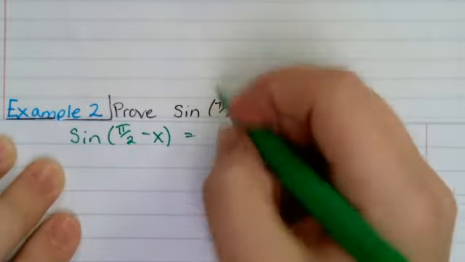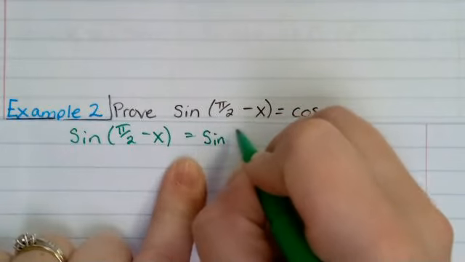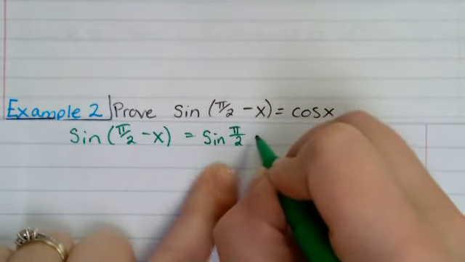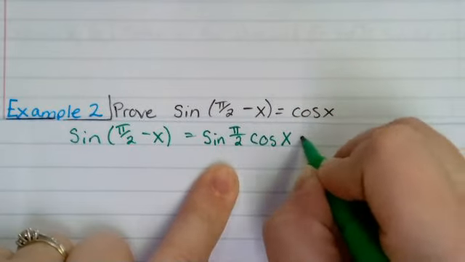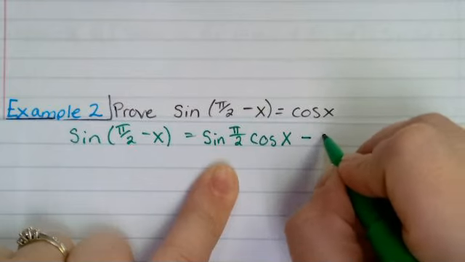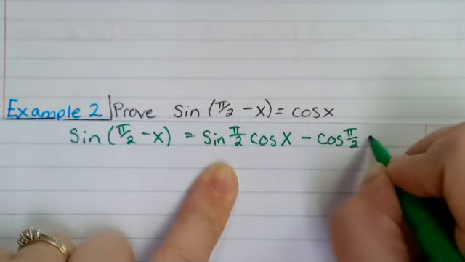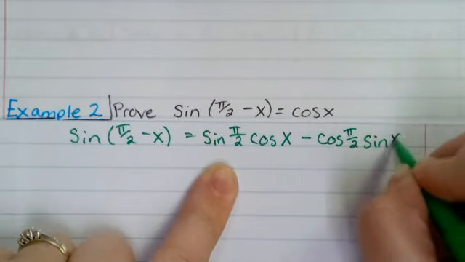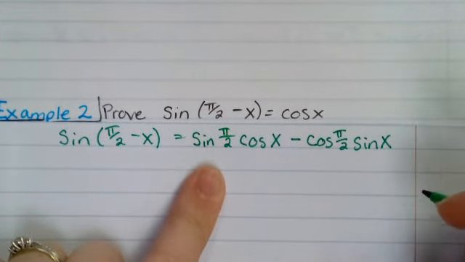So this is going to look like sine of pi over 2 times cosine of x, minus cosine of pi over 2 times sine of x. But this was just your sum and difference identity.